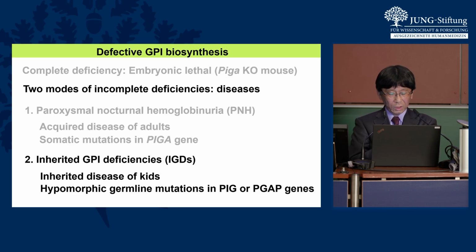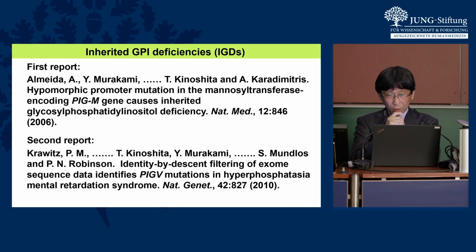Now I move to inherited GPI deficiency. So IGD is a relatively newly found disease. In 2005, I was asked by Dr. Kariofyllidis in London to help clarify the molecular basis of two consanguineous families with GPI-anchored protein deficiency, characterized by seizures and hepatic vein thrombosis.